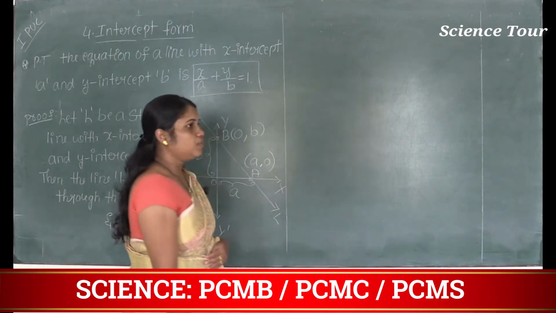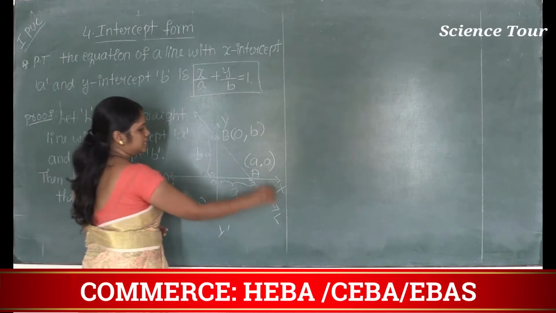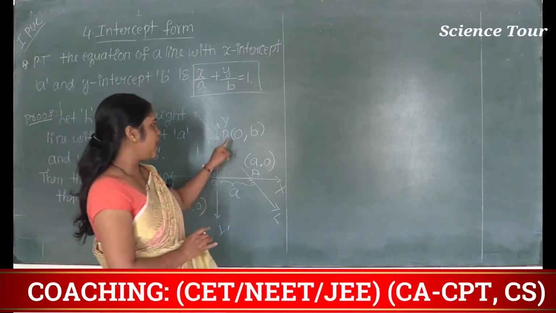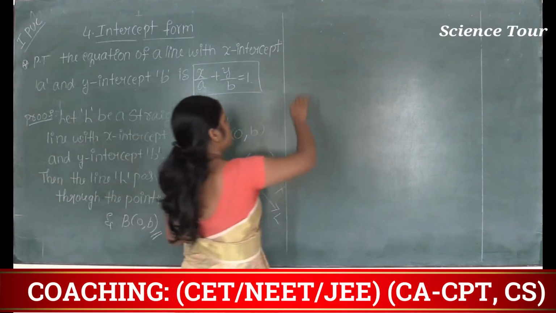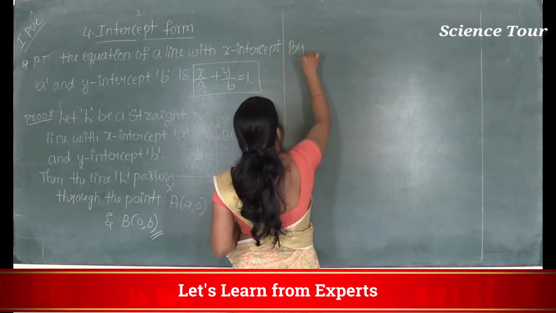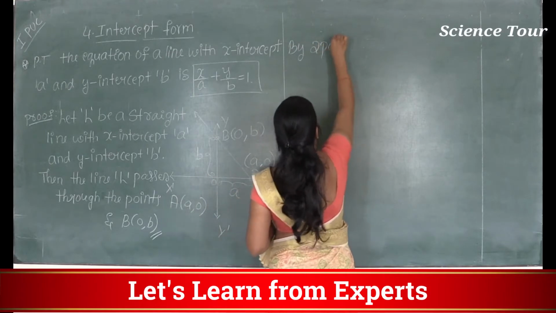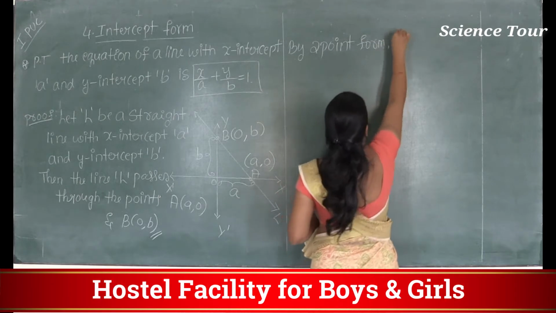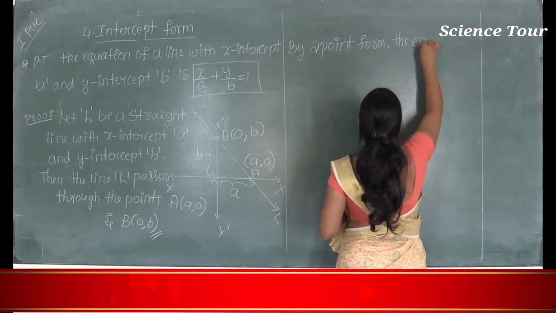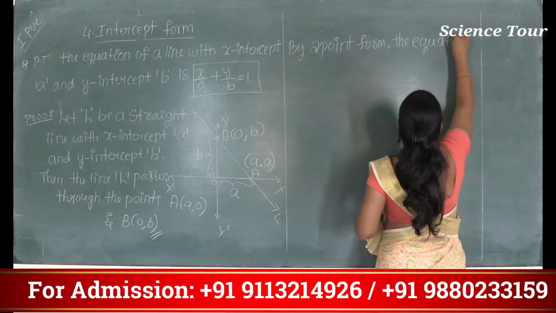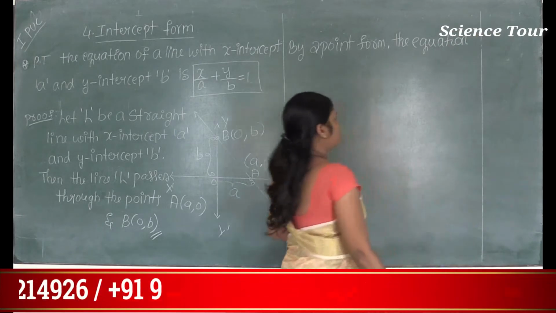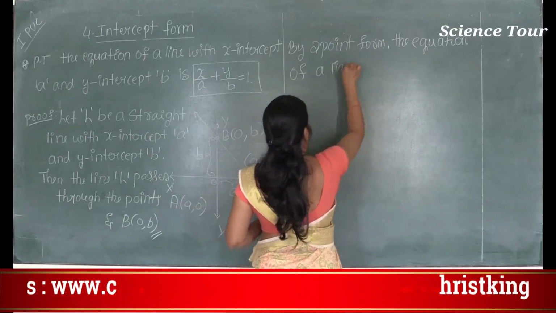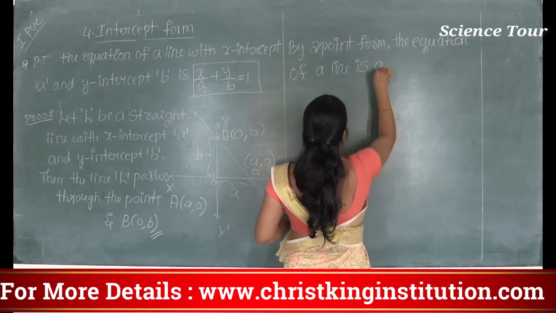Now you can observe here your straight line L passes through 2 points. Which are the 2 points? Point A and point B, isn't it? So now I'll use the 2-point form.